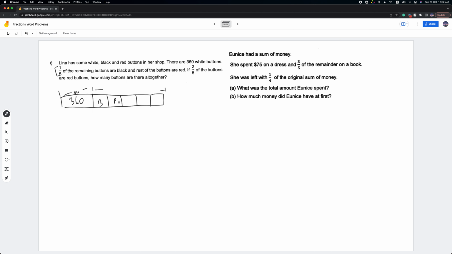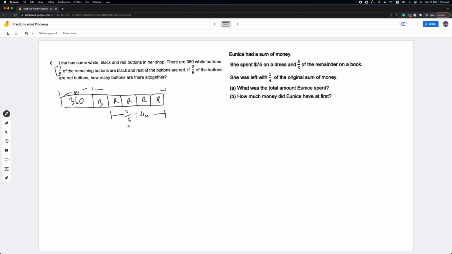So we can write here red. Okay, now this part here is where you need to focus on, because they say 2/5 of the buttons are red buttons. If 2/5 is 4 units, okay, so now this part of this model usually comes in a different type of question, but it's the same way of solving.